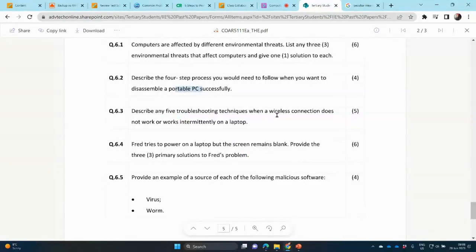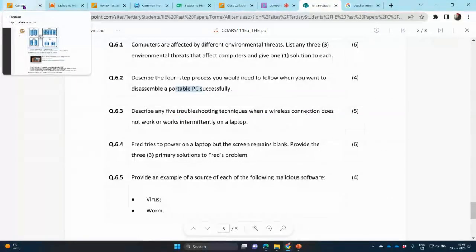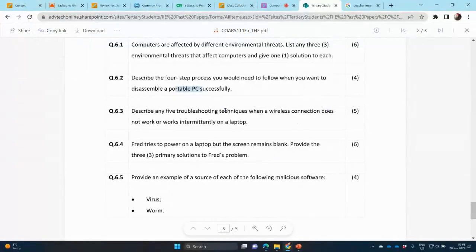Describe 5 troubleshooting techniques for a wireless connection. We've seen that. Remember, we were just discussing Learning Unit 5. In Learning Unit 5, they gave us an article on the wireless connection. You go back and have a look at that article to see what were the things they mentioned when the Wi-Fi is not working.